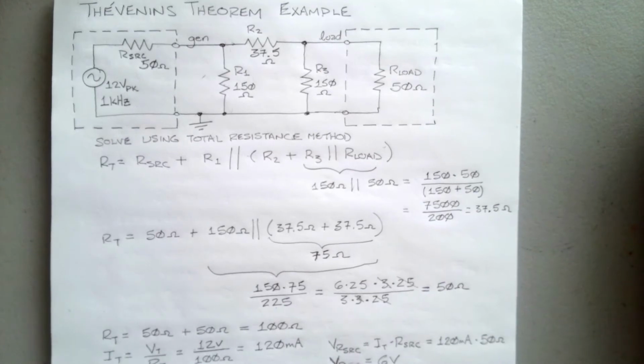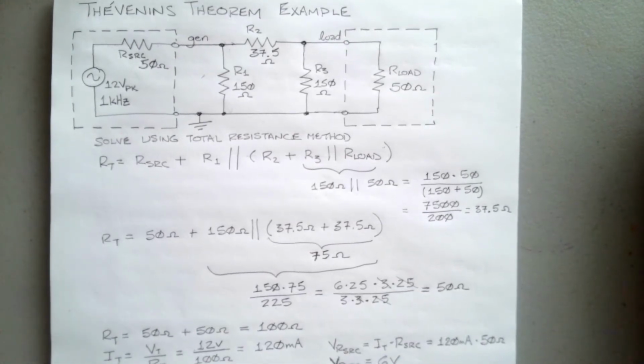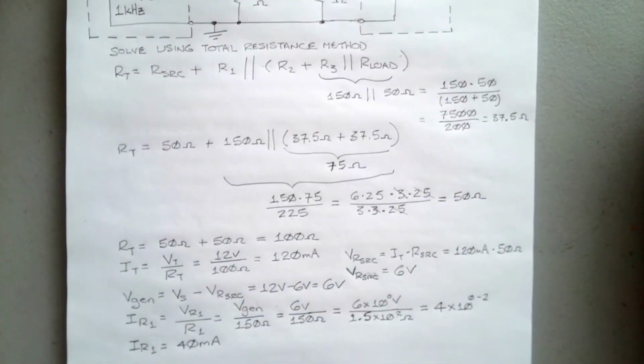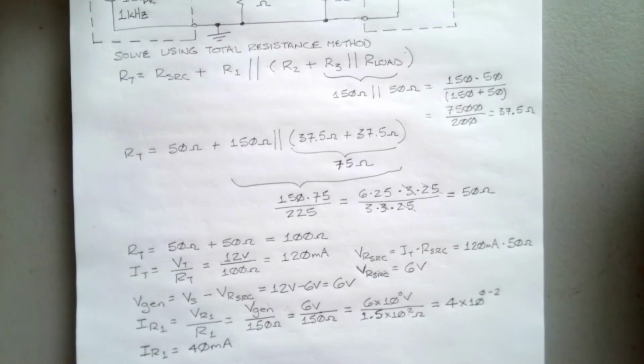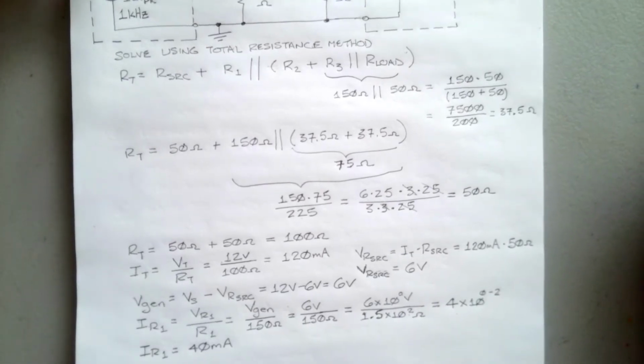Well, 1.5 goes into 6 4 times, so I'm going to get 4 times 10 to the 0 minus 2. In division, I subtract the exponents, and we get that IR1 is equal to 40 milliamperes. Sorry about that. Maybe I should show the things that I'm writing while I'm writing them.